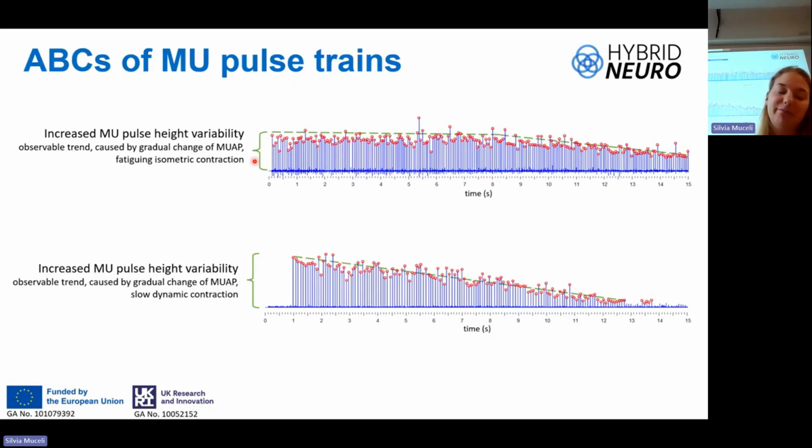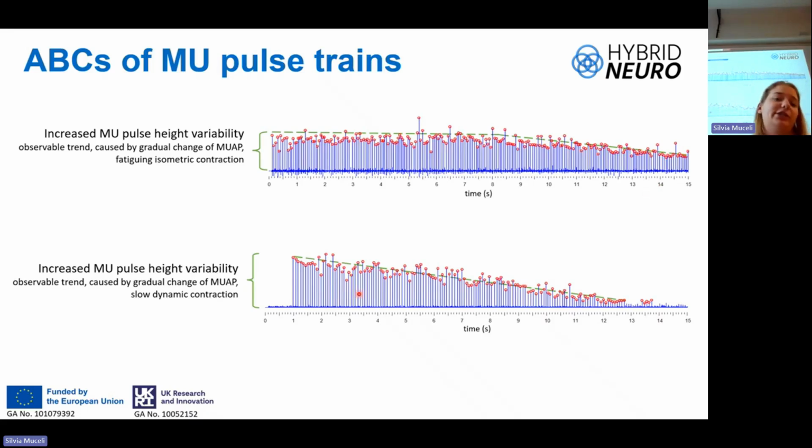And the bigger the mismatch between the motor unit filter and the motor unit action potential, the smaller the pulse train. So we can see that the motor unit filter was probably accumulated from a MUAP shape that was present more at the beginning, so at the first half of the signal, and then when the MUAP shape was changing more and more, there was a bigger mismatch between filter and MUAP shape, so the pulse train was a bit smaller in height.